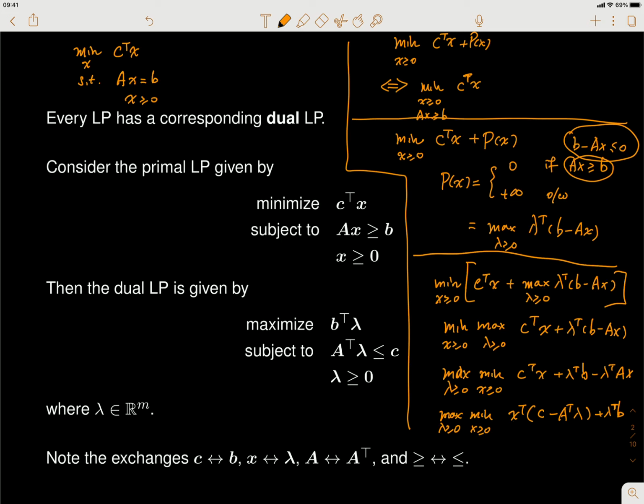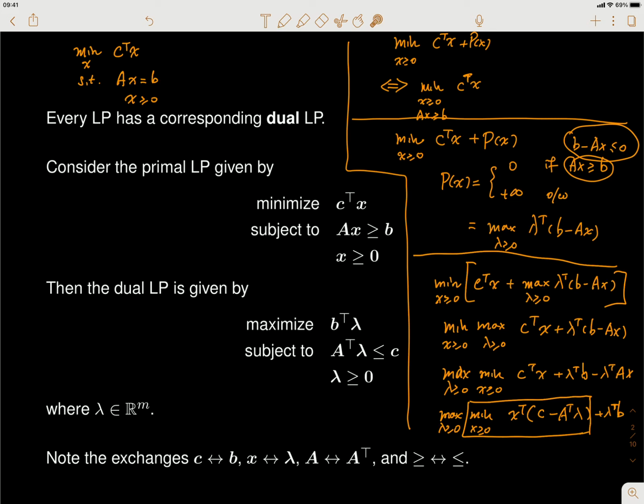Okay, so here, let me focus on this part, because the last term does not depend on x. So I can treat this thing here as a function of x. Okay, it's a function of lambda. For every fixed lambda, I can compute this framed minimization problem here.